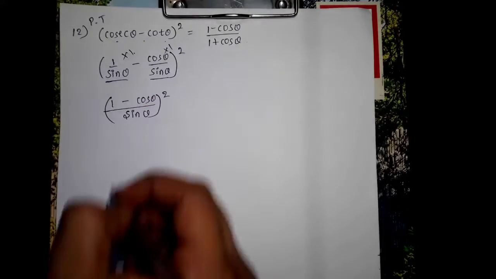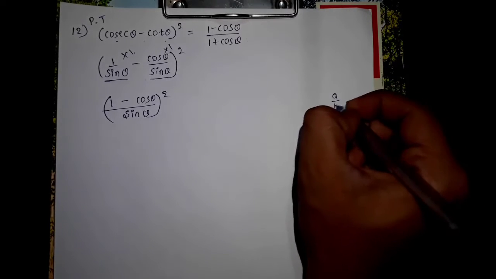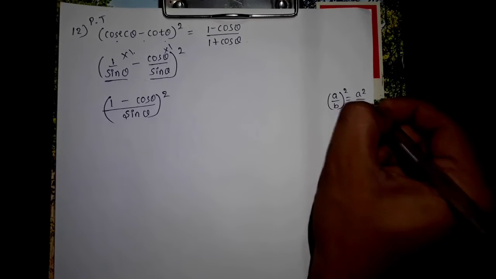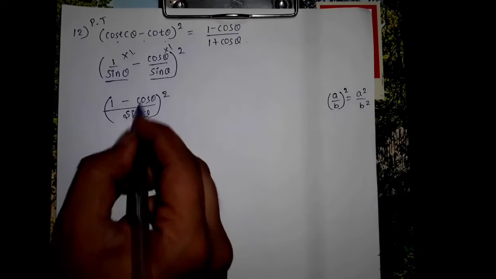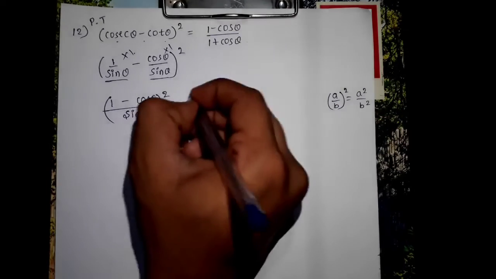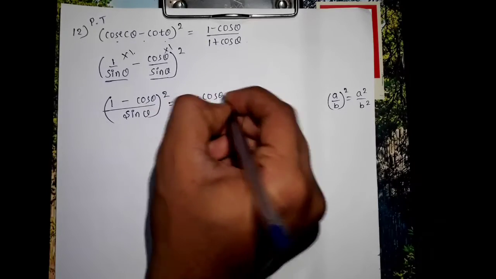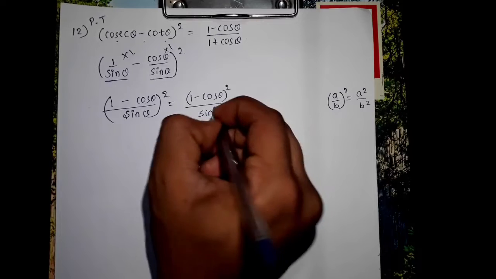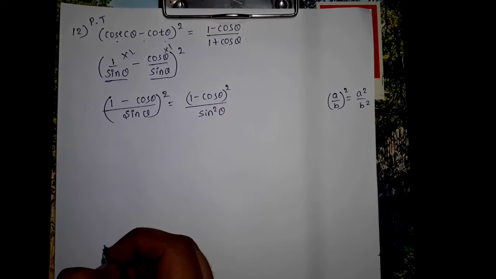Okay, now listen carefully. (a/b)² can be written as a²/b². Similarly here also I can split it: (1 − cosθ)² divided by sin²θ can be written, isn't it?